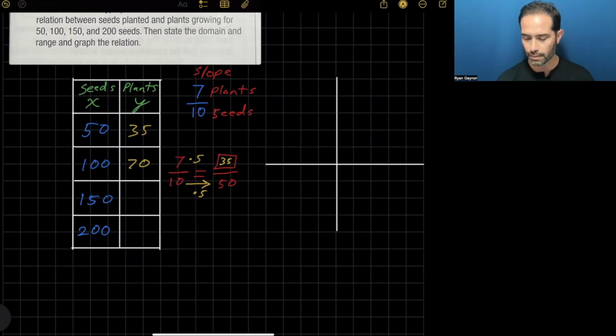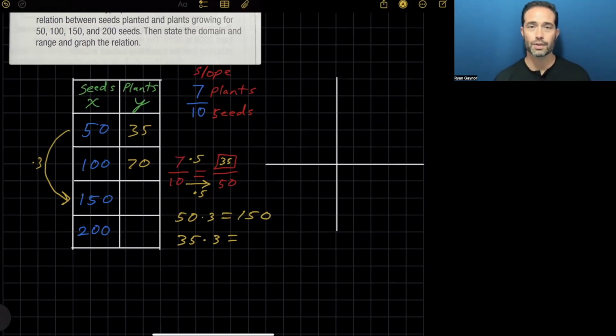So then I would just do 35 times 3. So we have 50 times 3 equals 150. So then 35 times 3 equals, well, 35 plus 35 is 70, and then another 35 would be 105.